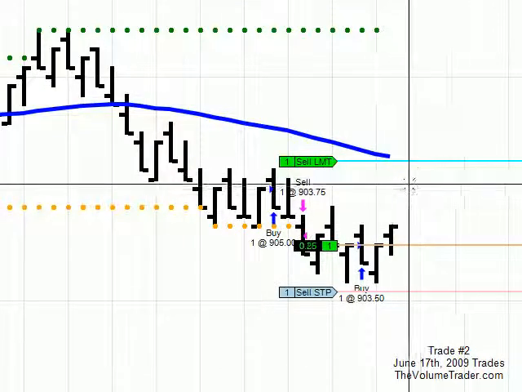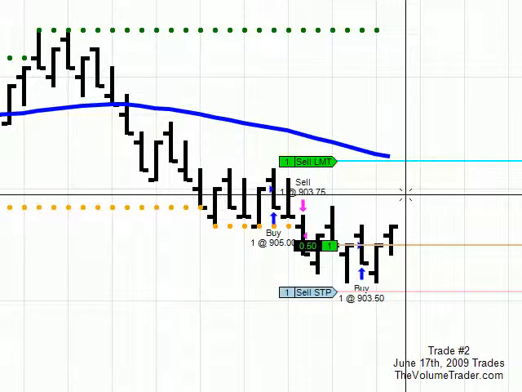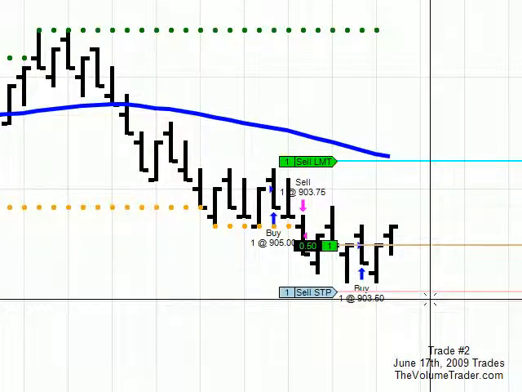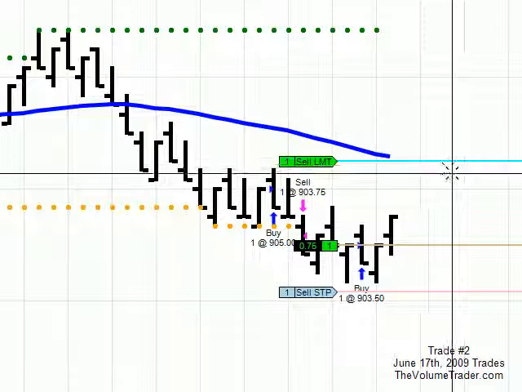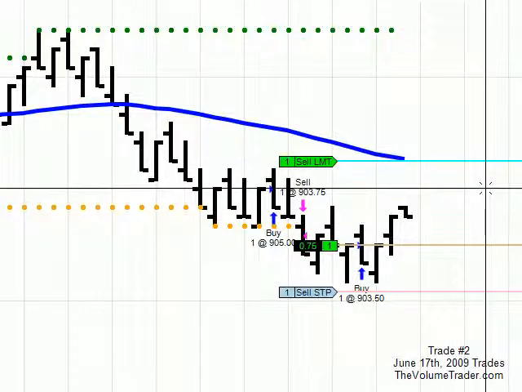When the sellers do start to come back in, then we will look at either getting flat on this trade or going ahead and taking profit. So there's a couple things I'm looking for as we are in this trade. I don't have set targets. On my first trade of the day, I like to get the 2 points under my belt, even though it might be a 10-point runner.